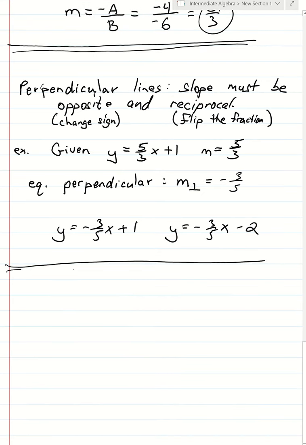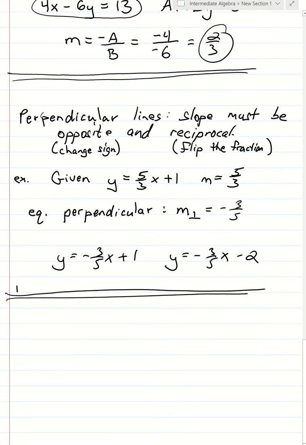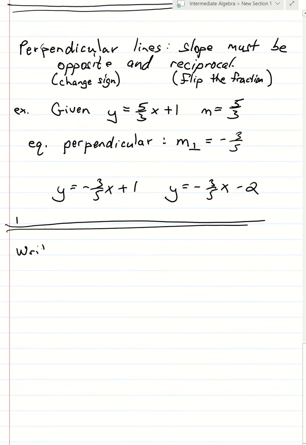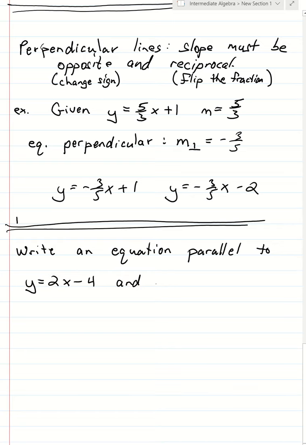Let's take a look at some problems now that deal with parallel and perpendicular lines. I could ask you to, let's say, write an equation that is parallel to, let's say, y equals 2x minus 4, and passes, let's say, through the point 3, negative 6.